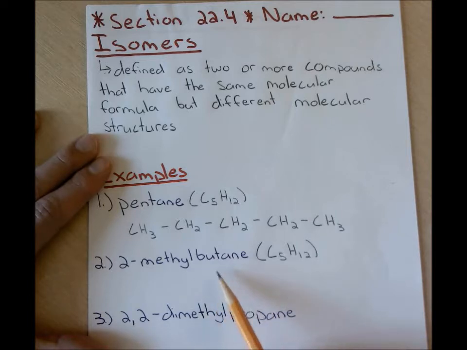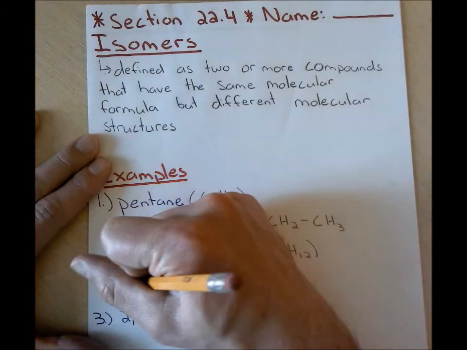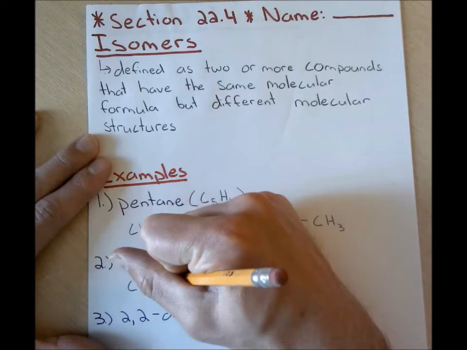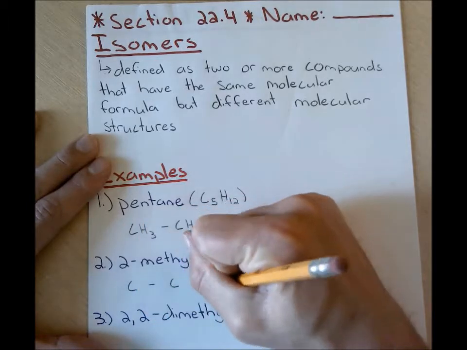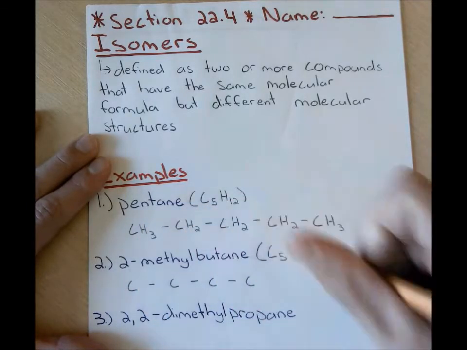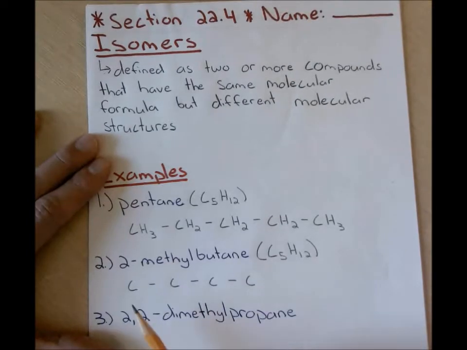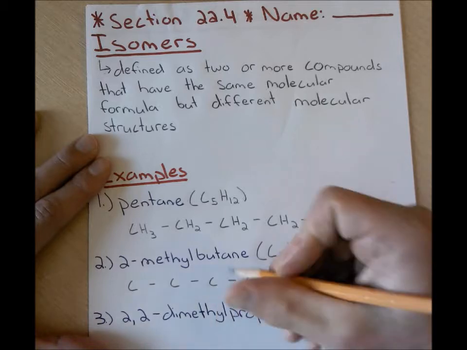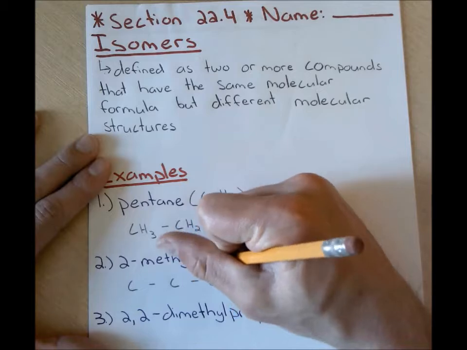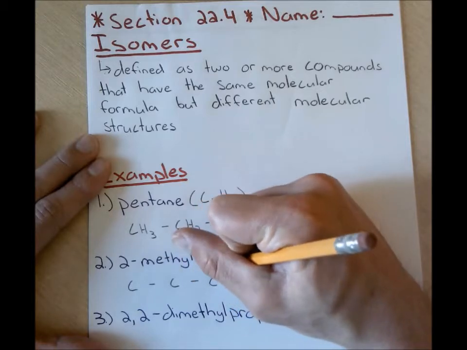Because I have butane, I'm going to draw 4 carbons connected together: 1, 2, 3, and 4. Then at carbon number 2, I have a methyl group, so I attach a CH3 group there.